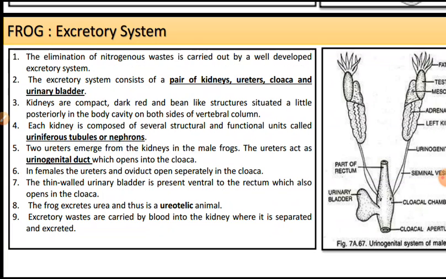Then the efferent branches from these renal portal veins also join this net of vessels, and this is how the blood is purified in the kidneys. Then we'll see the next part, the ureter.